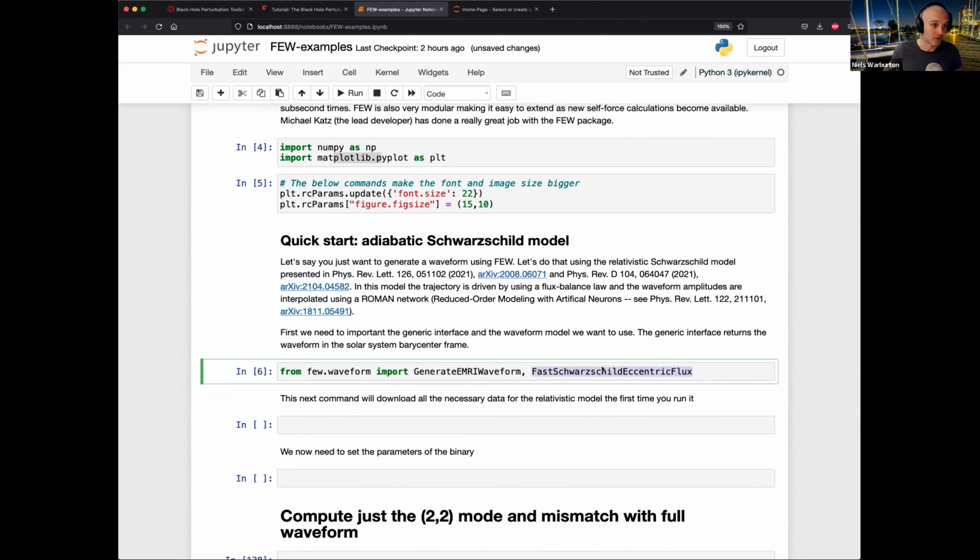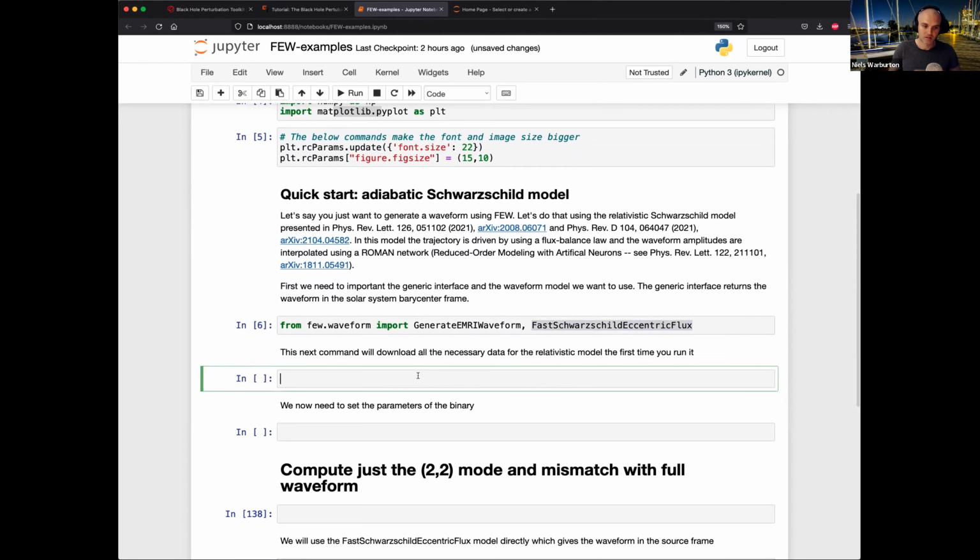And this is a particular model, the relativistic one that uses just the adiabatic fluxes in order to compute the waveform. The next one, GenWave, GenerateEMRIWaveform. We use that interface and just say this is basically telling it we want to generate this sort of waveform.